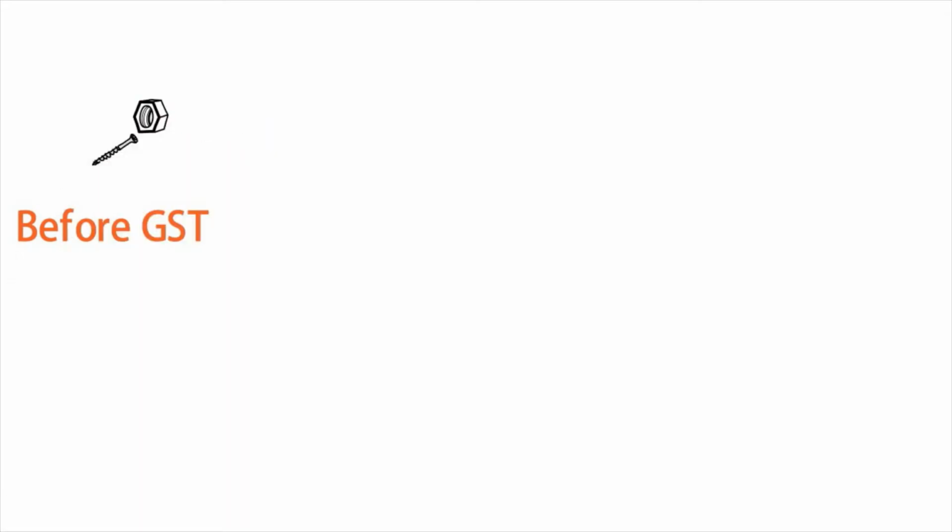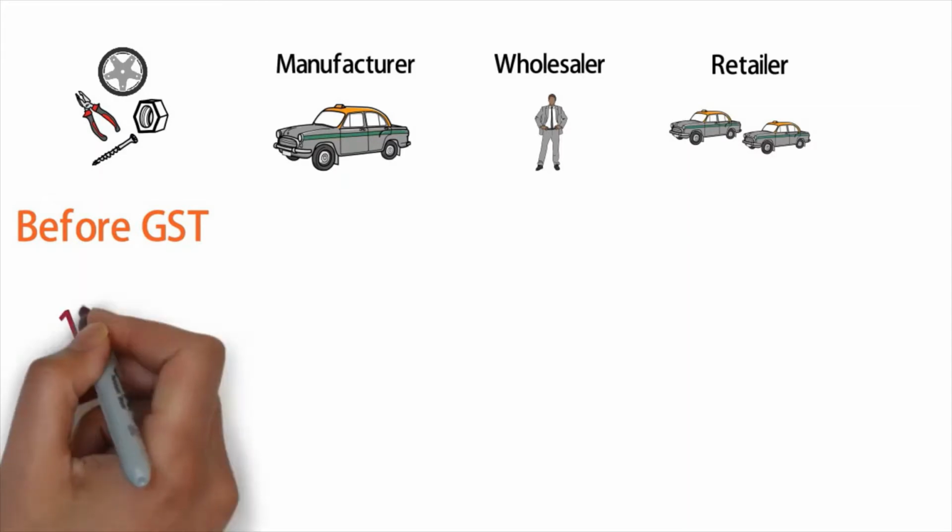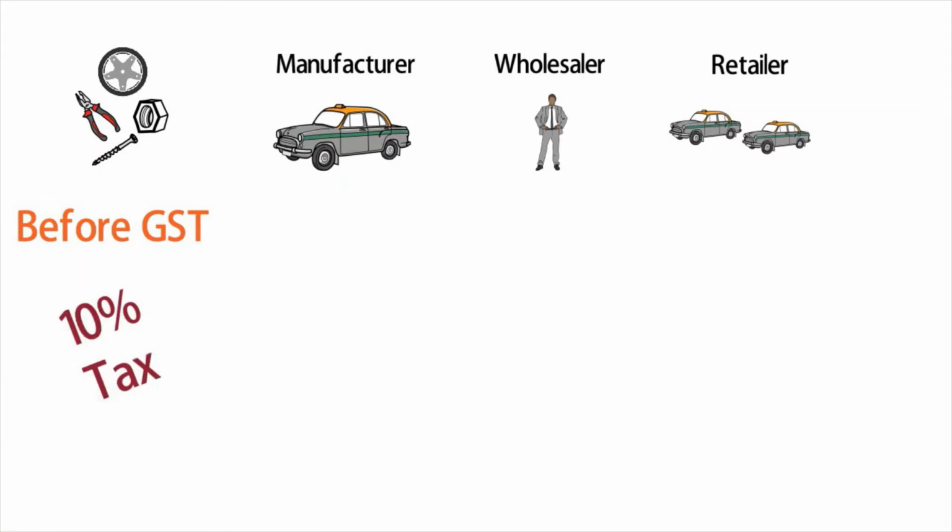For example, a manufacturer buys raw materials and manufactures a car. He then adds his profit and sells it to a wholesaler, who in turn adds his profit and sells it to a retailer. This retailer adds his share of profit and sells it to a final customer. For easy understanding, let us assume there is a flat 10% tax at each level.